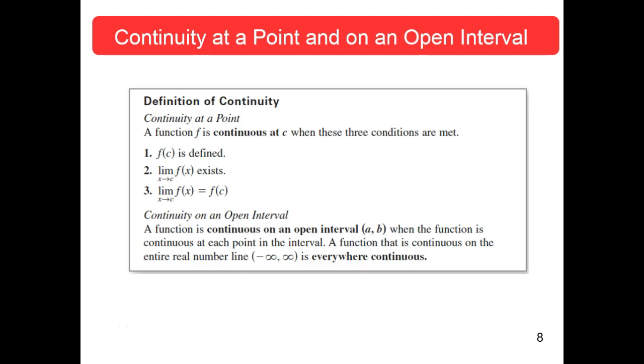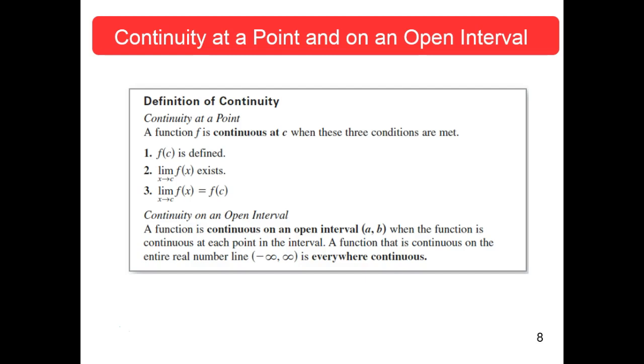Every integer, fraction, decimal, real number, rational number, irrational number, everything in between a and b, but the parentheses mean not at a, not at b, or not necessarily at a or b. That's what parentheses mean. If you had brackets there, then you would have including a and including b.